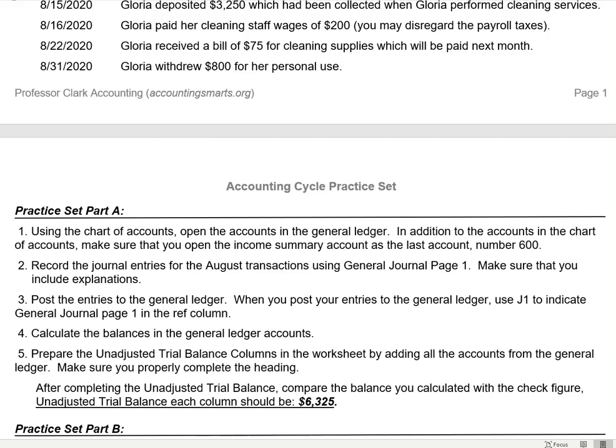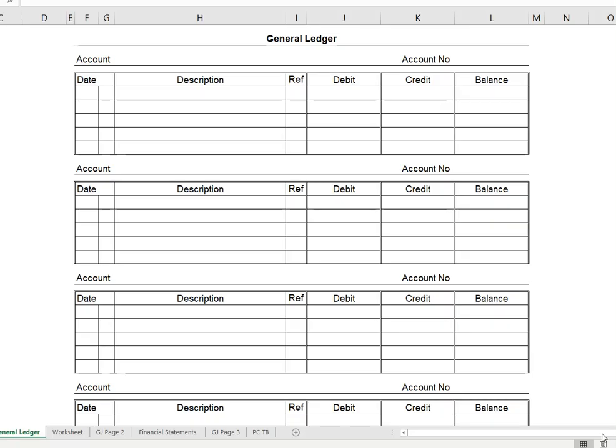That's the same as preparing an unadjusted trial balance. And then we're going to add all the debits and credits, and we'll make sure that they balance, and we have to make sure that it has a complete heading. When we're done with practice set part A, the unadjusted trial balance columns should each equal 6,325.